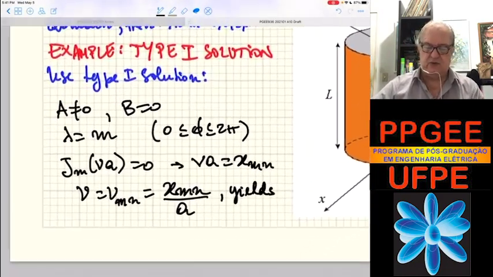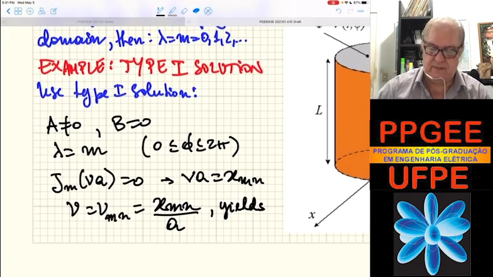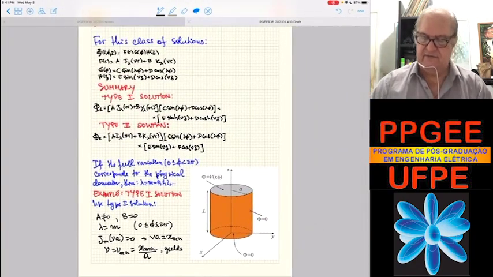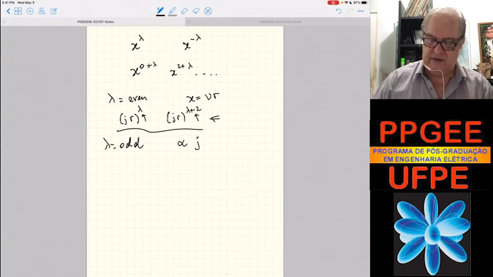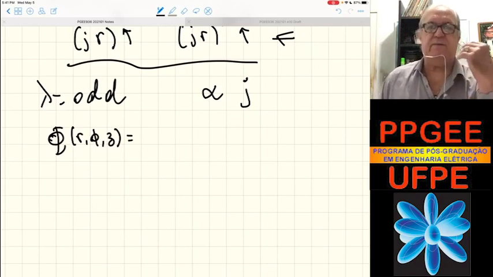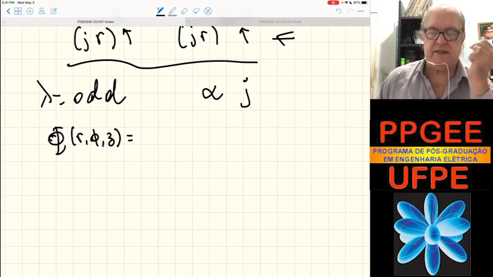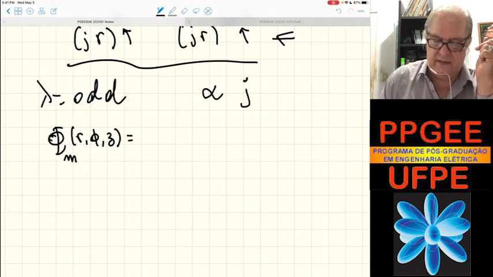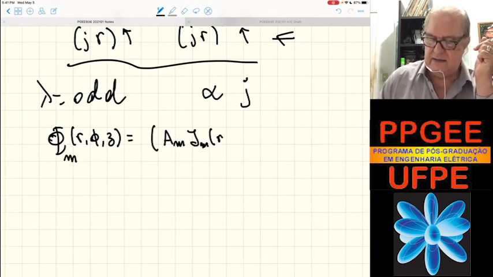So it has to be oscillatory. If we set lambda equal to m, then we have to impose that at r equals a. In fact, the function is of type A, which I'm going to write down here. You see that we have a superposition of solutions, but let's pick just one of them. Let's call it phi m. I have a coefficient Am, Jm of r, plus Bm, Ym of r.